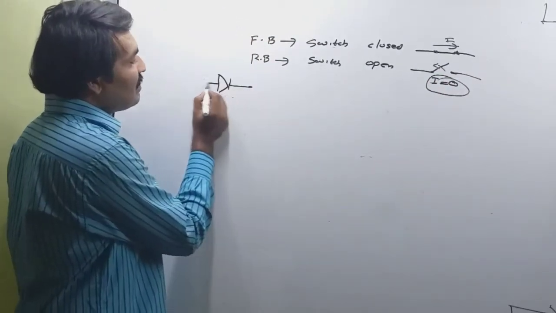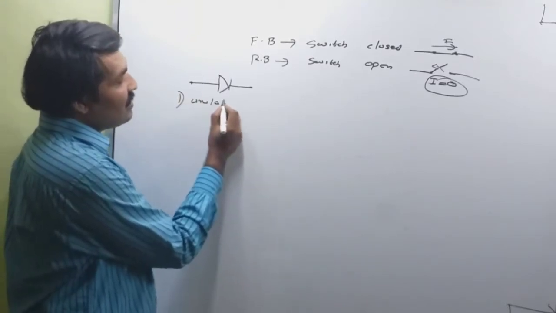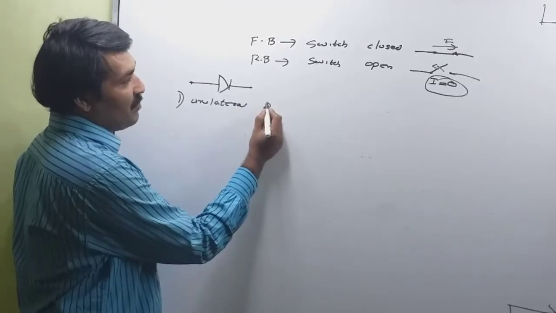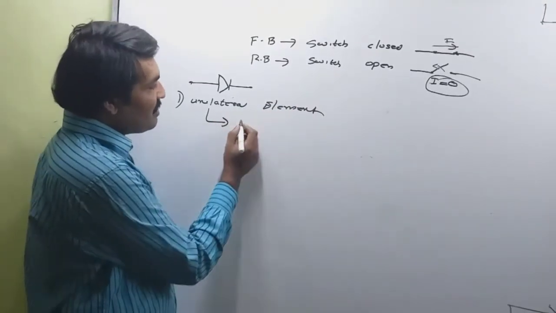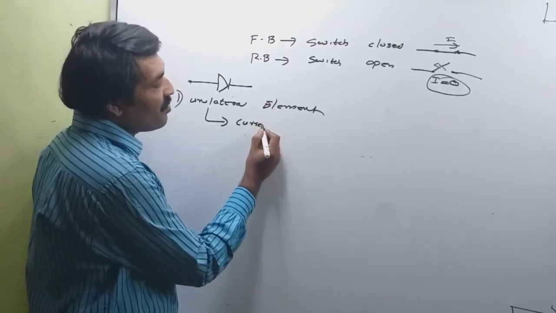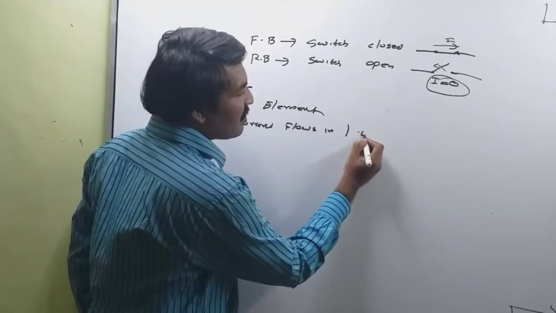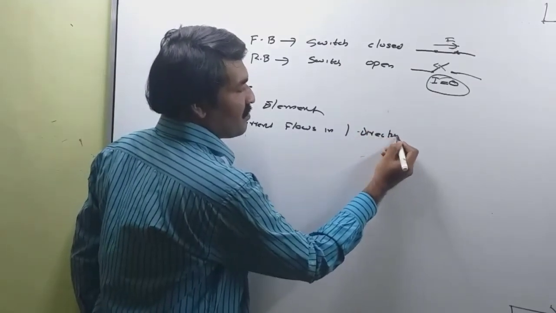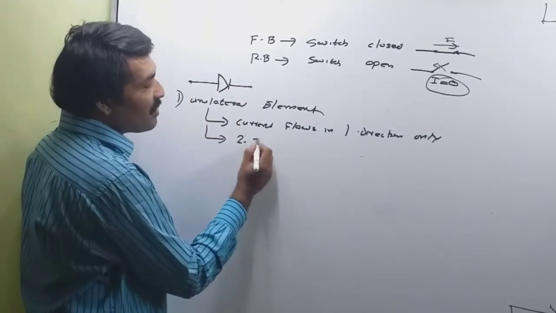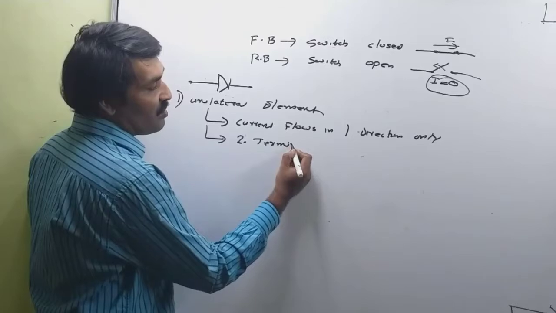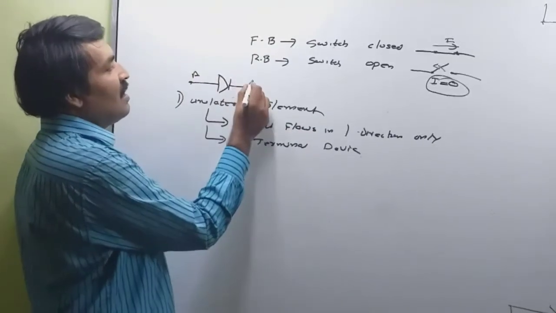Diode is a unilateral element. Unilateral element means current flows in one direction only. Second, it is a two-terminal device, that is anode and cathode.